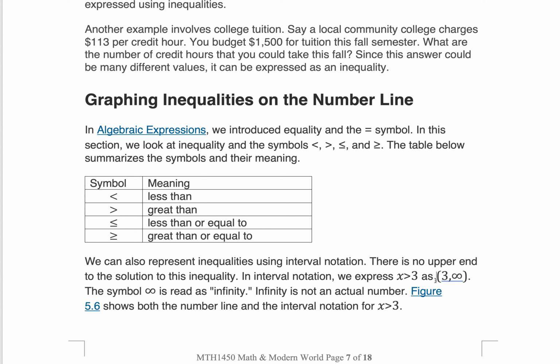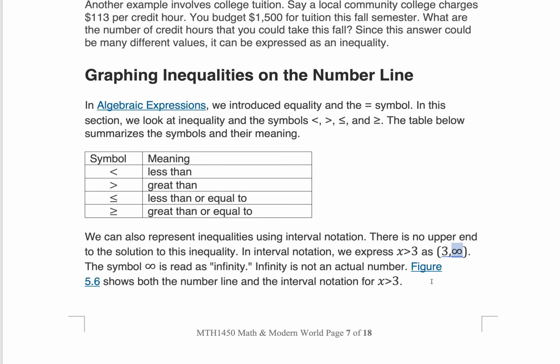Sometimes it is more convenient to write an inequality using interval notation, 3 all the way to infinity. From now on we are going to see this notation a lot. It is the infinity symbol.